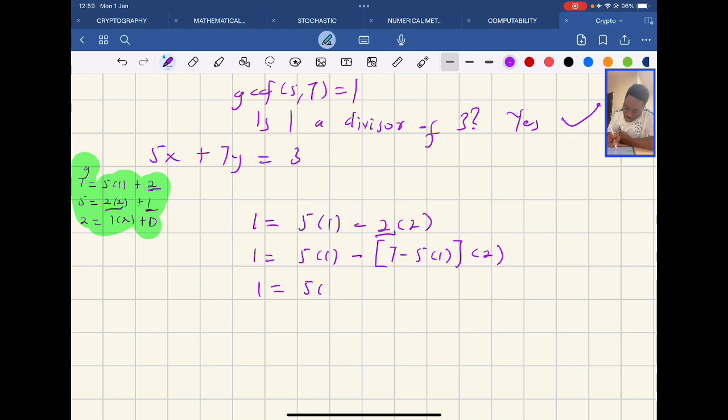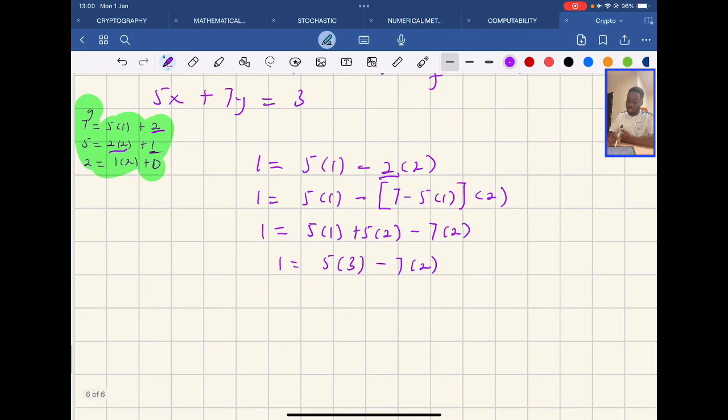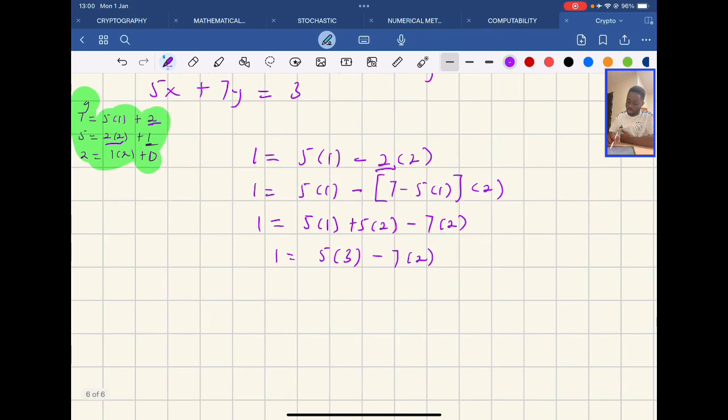So it's more or less like saying 5, 1, and this is 5, 2. So plus 5, 2. Then over here, we're going to get minus 7, and over here is 2. So this is the same as saying 5, 3 minus 7, 2. So this is 15 and this is 14, which is indeed 1.